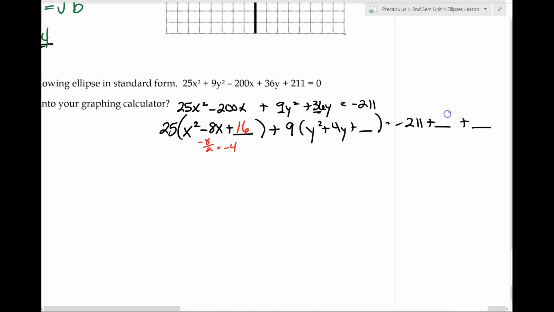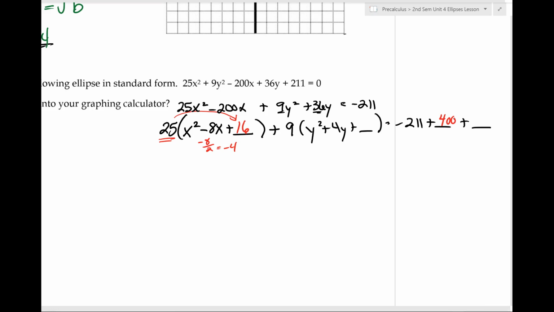Well, guess what? No, you don't. Because what's in front of the parentheses there? A 25. So you're really going 25 times 16, which is 400. So you're really adding 400 to both sides because of the 25 out front. We didn't get rid of that 25, so that's what we're doing.